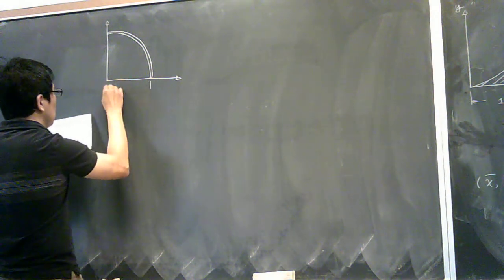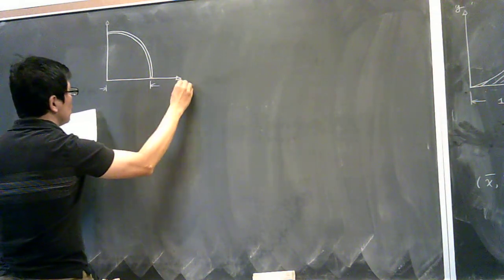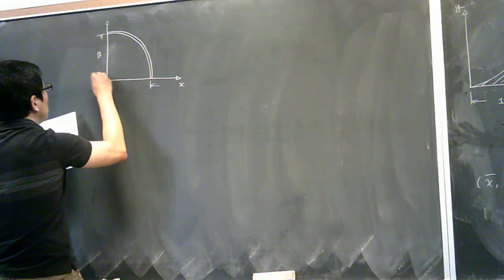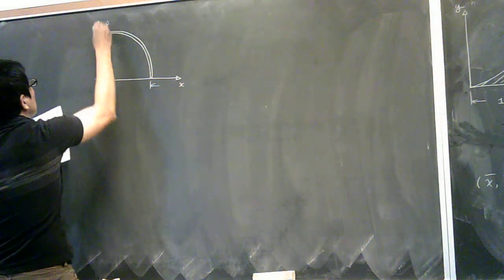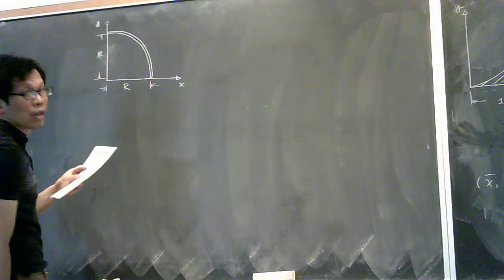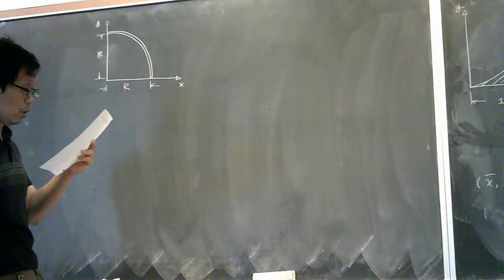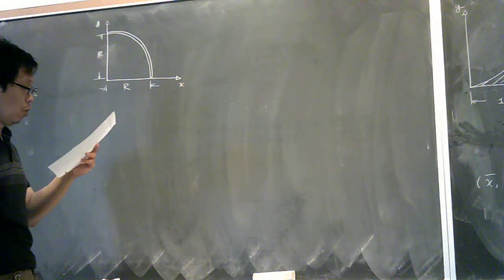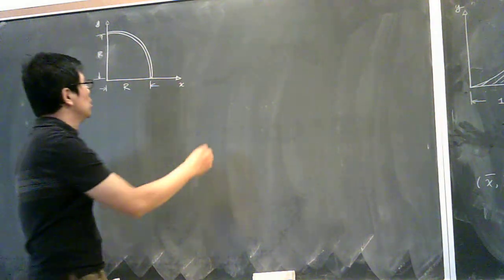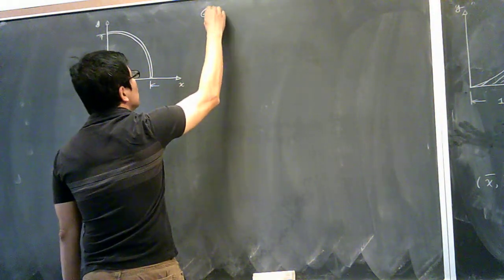So how am I going to do this? Obviously, this is my x, this is my y, and the height is r. The bottom is also r, because it's a circular shape. So what am I going to do with this thing if I want to find the centroid?